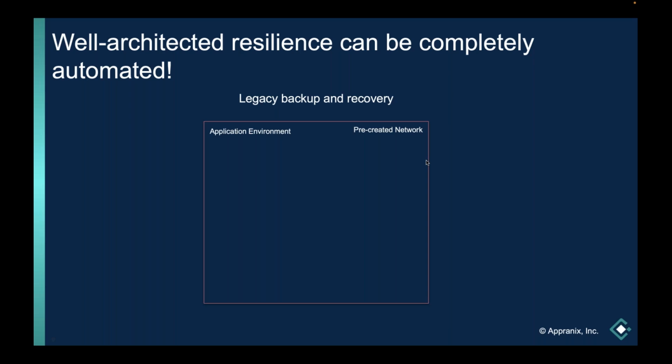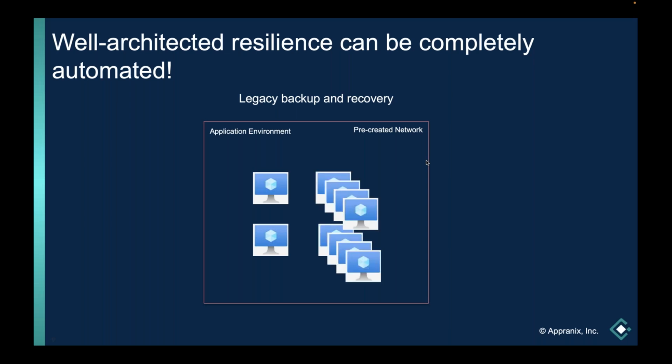So assuming that you have a pre-created network, now you can ask third parties or even Azure built-in services like backup and ASR to bring these virtual machines up one by one, or it could be a combination of these virtual machines, assuming that you are able to prioritize which virtual machine comes up first, which services come up next, and the configuration of those services, and also the dependency between those services and the IP address, right?